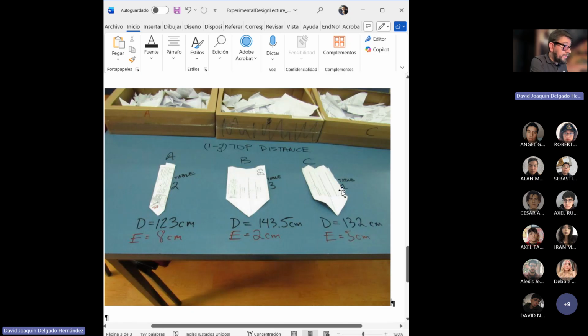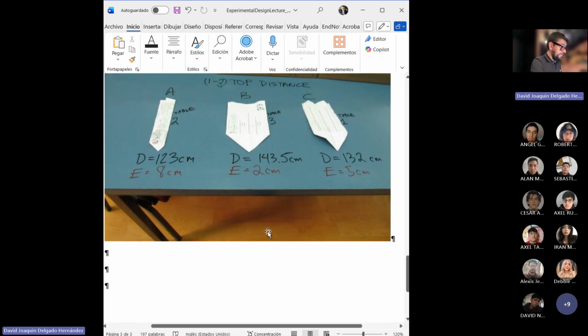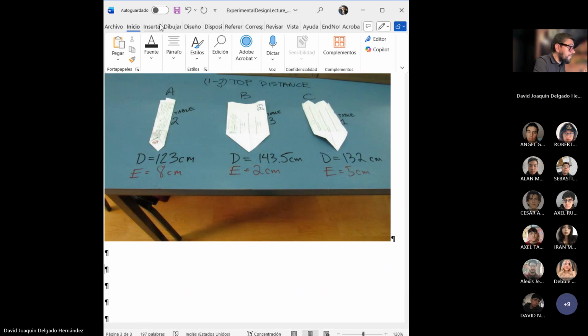And finally, plane C could fly a distance of 132 centimeters, okay? And as you can see, they all have different shapes, right? They have different shapes. So let me put here this table.